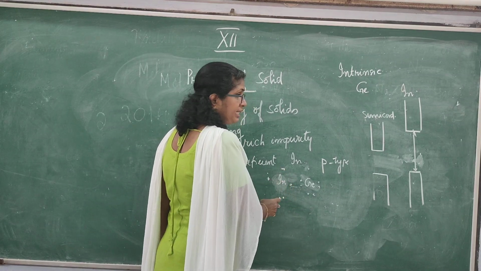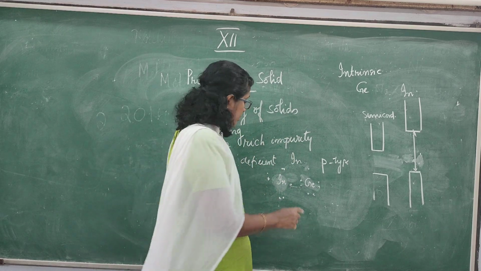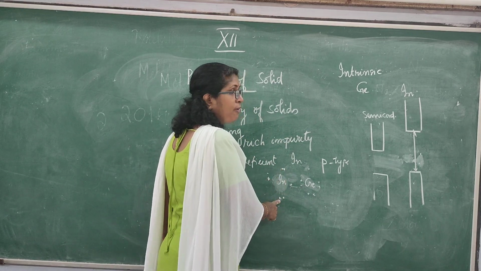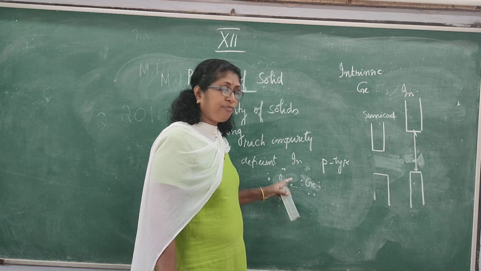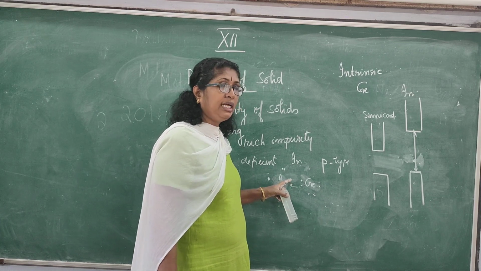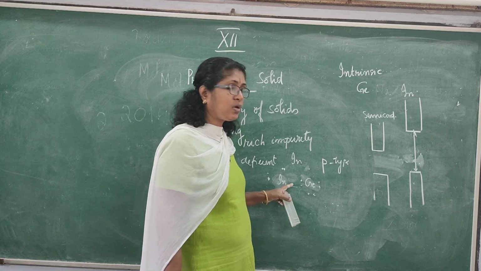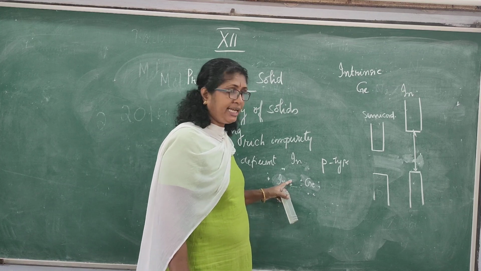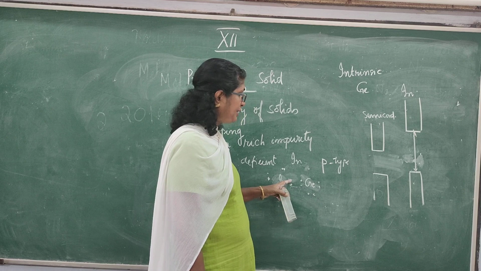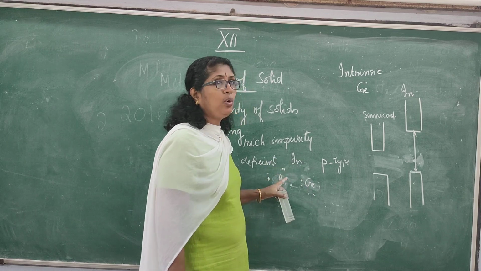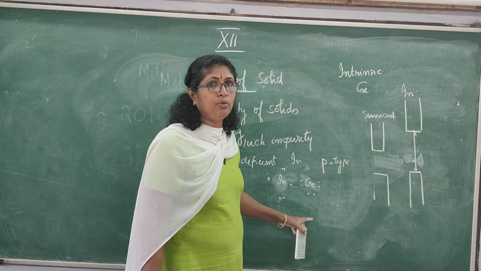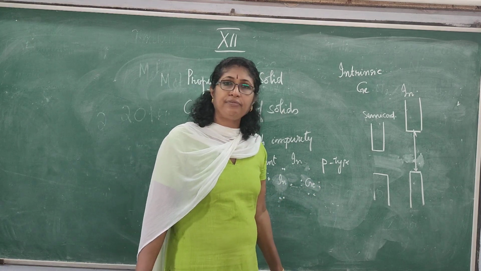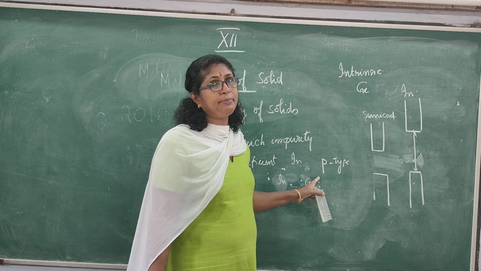Indium can form only 3 bonds, as it has only 3 valence electrons. These 3 valence electrons will form bonds with the neighboring atoms. The fourth place is free. That fourth is an electron deficient bond, called a hole. The electron from a neighboring bond can jump here, forming a hole there. Like this, the holes can move, increasing the conductivity of the crystal. This is called a p-type semiconductor.